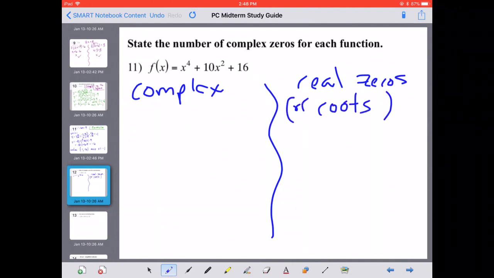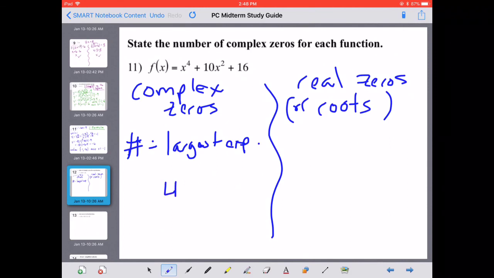So we had two different ways to think about this. Our complex zeros, this one was the easy one. The number of complex zeros just equaled the largest exponent, which here would be 4. So our answer for number 11 is 4.